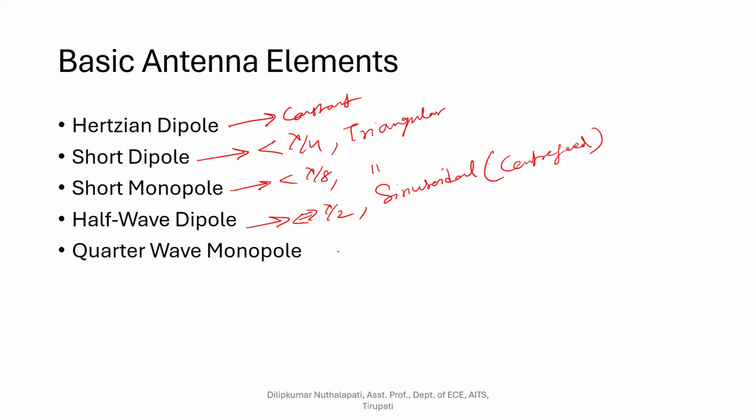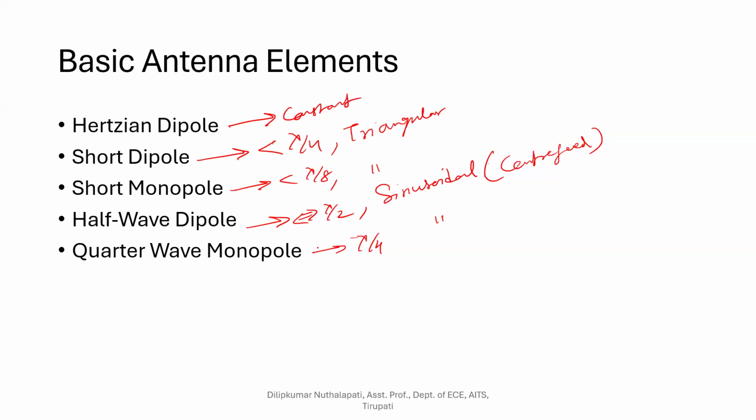And the last one is the quarter wave monopole. It is also a linear antenna whose length is lambda by 4, and the current distribution is assumed to be sinusoidal, the same. It is fed at one end with respect to earth.